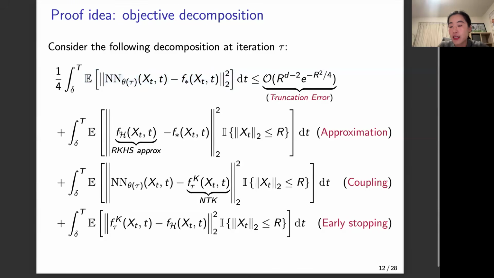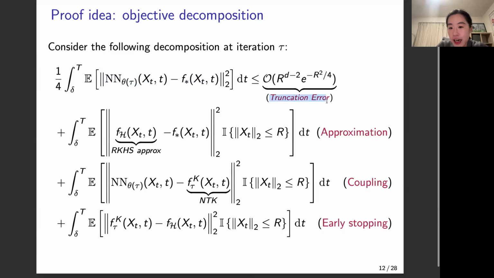The first one is the truncation error, because most of the optimization techniques and statistical techniques work on a bounded domain, but diffusion processes are unbounded. With high probability, though, it's bounded in a large ball.